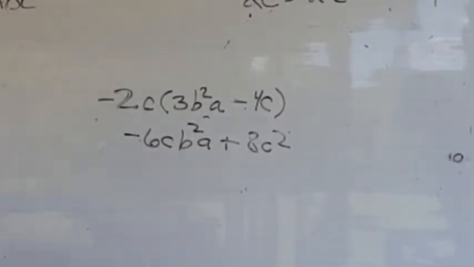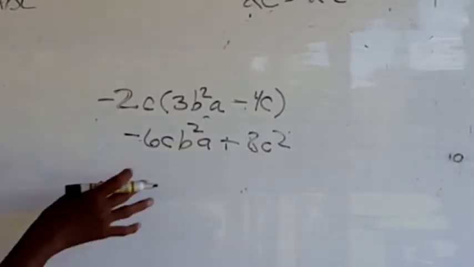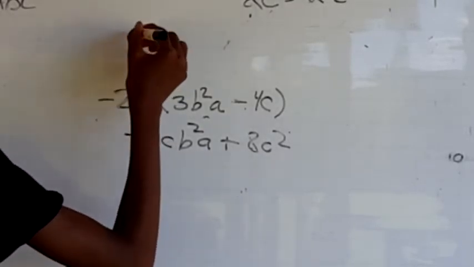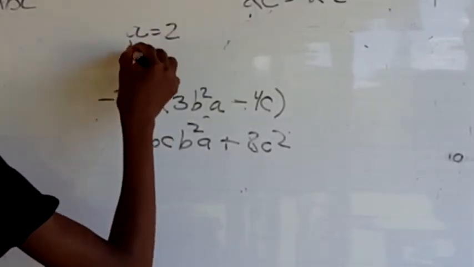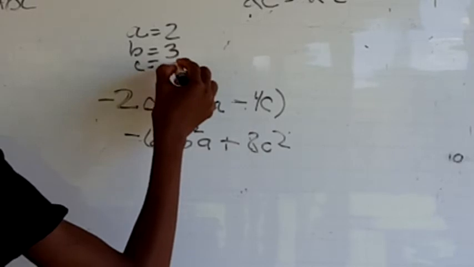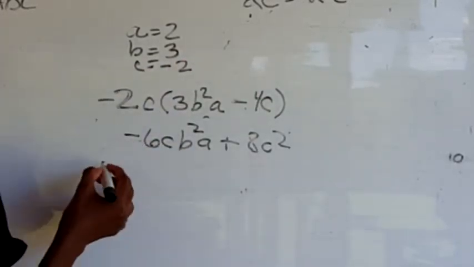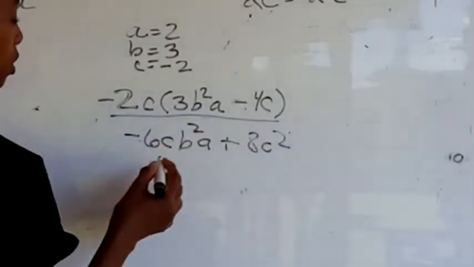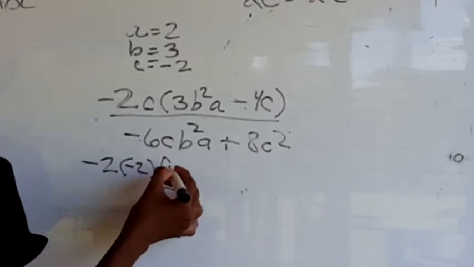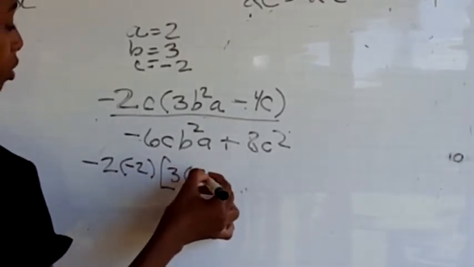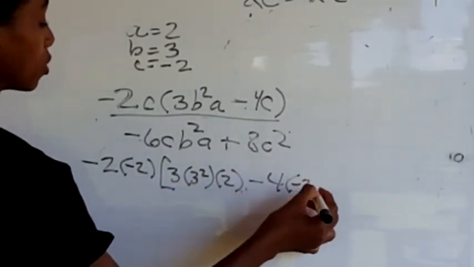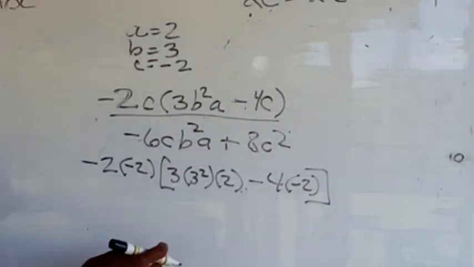Alright. Let's check it. Let's say A equals 2, B equals 3, and C equals negative 2. We're going to do this one first. So that will give us negative 2 times negative 2 times 3 times 3 squared times 2 minus 4 times negative 2. We're going off parentheses first.